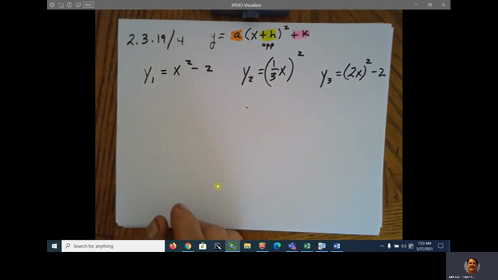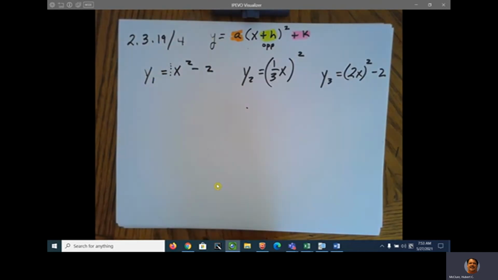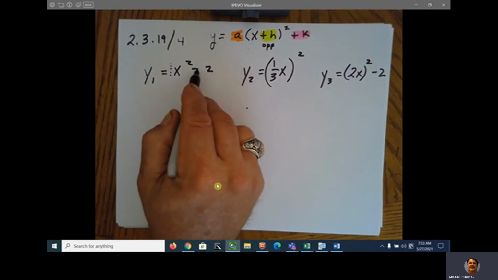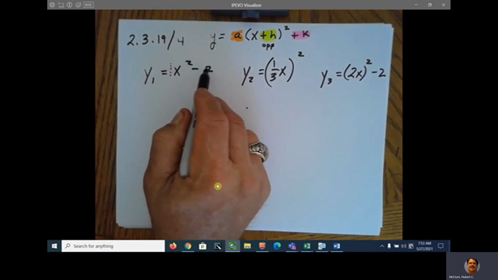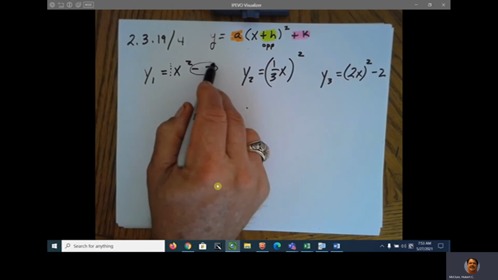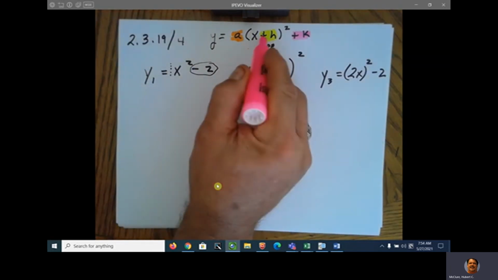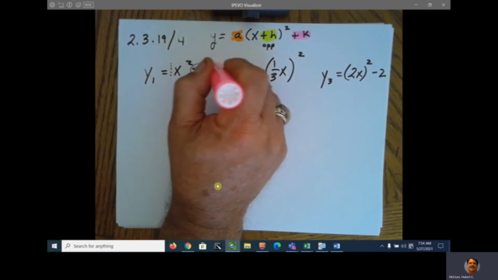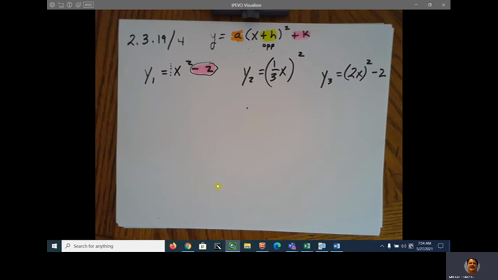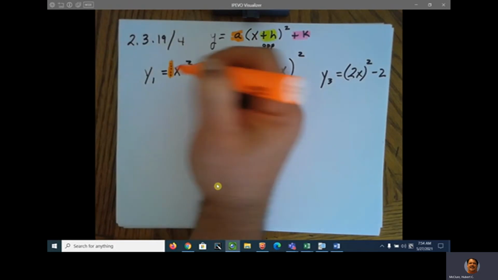So let's do these. This one is a regular parabola because it has 1 in the front. The 2 is not connected to the x. The 2 is connected to the x squared. So therefore, this is a vertical shift because it's not inside the square. That means it's a regular parabola like the parent graph.